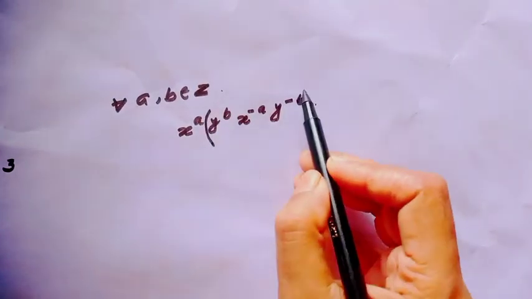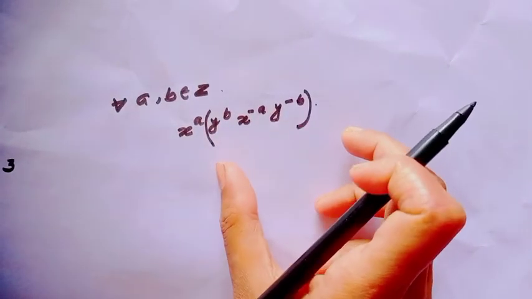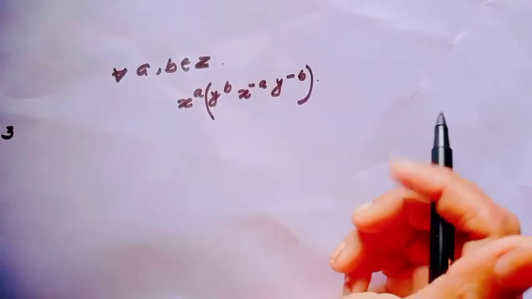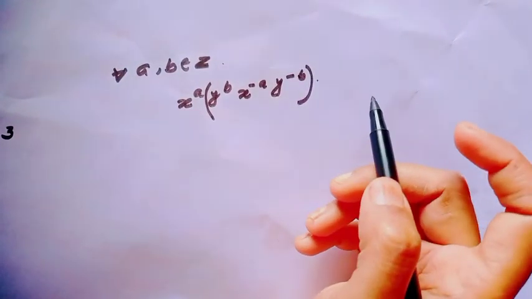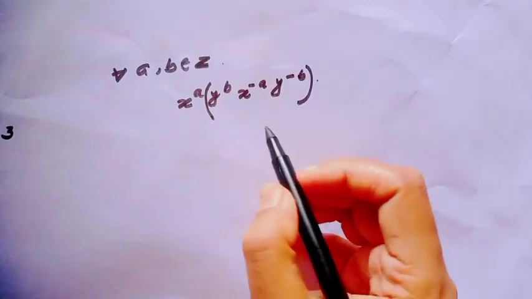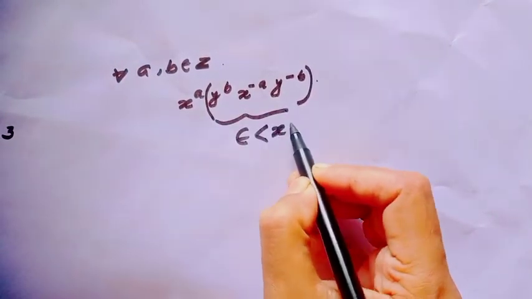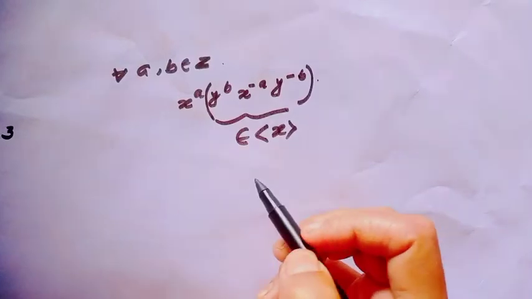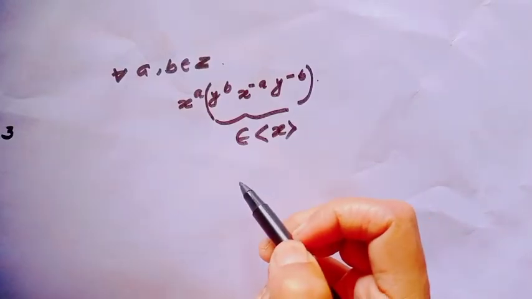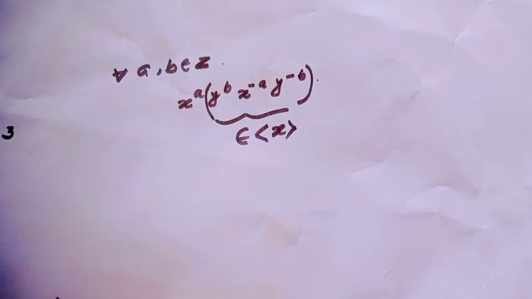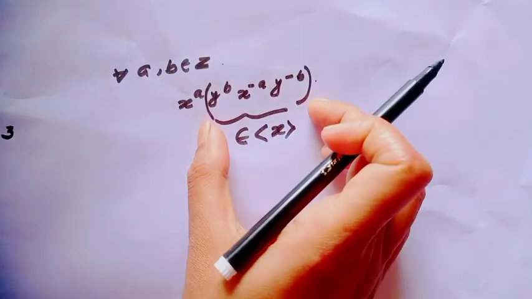Consider this bracket: since the cyclic subgroup generated by x is a normal subgroup, this part belongs to the cyclic subgroup generated by x.